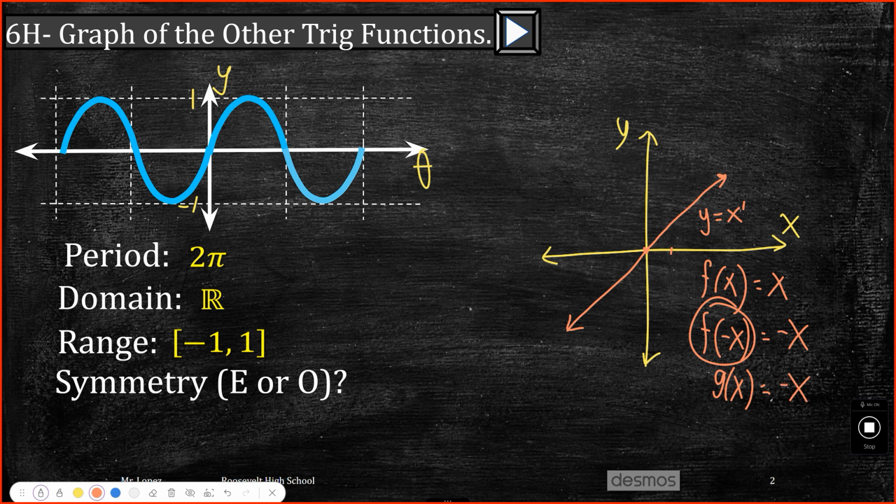So what does g of x equals negative x do? Well, isn't that just reflected about the x-axis? Whenever there's a negative in front of x, it reflects it about the x-axis. So g of x will be this function here. Let me use a different color. So g of x will be this. All right, that's what I have so far.